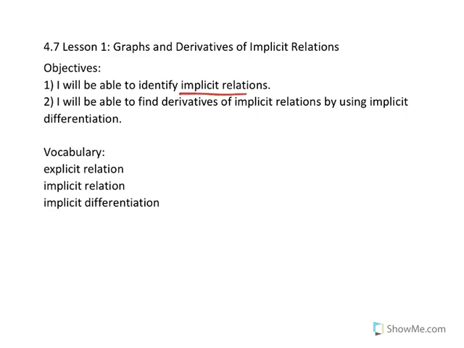To understand what an implicit relation is, we will begin by looking at functions that we've seen again and again in our course. Those were explicit relations. So what is an explicit relation? It's an equation that defines y as a function of x.